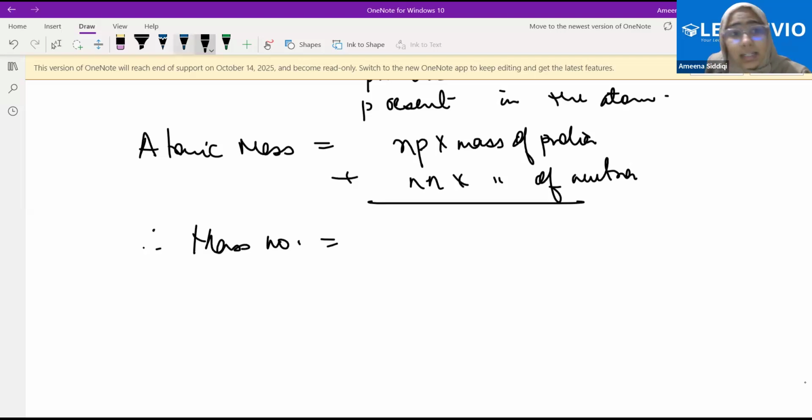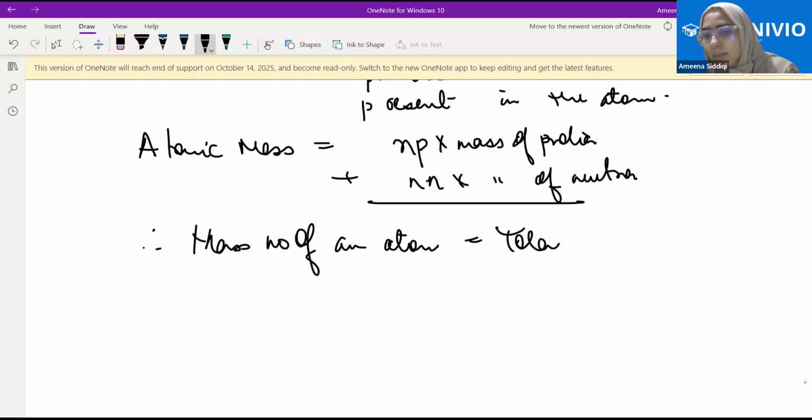Therefore, the mass number of an atom is nothing but the total number of nucleons present in the atom.